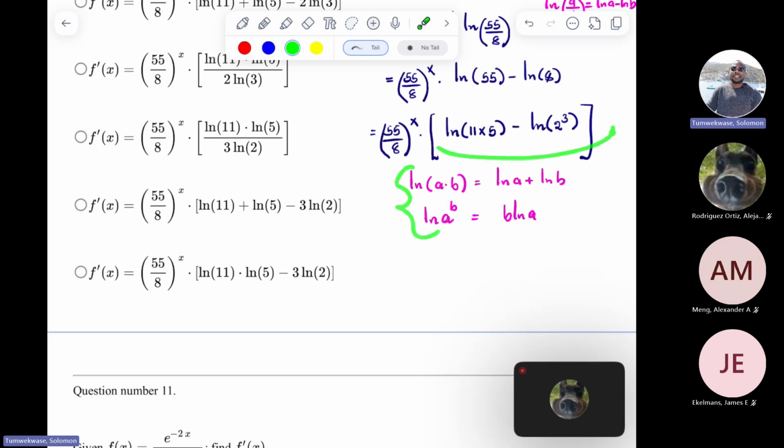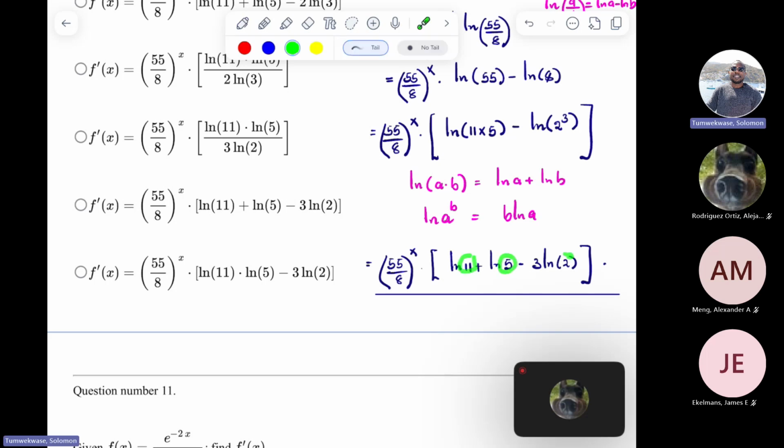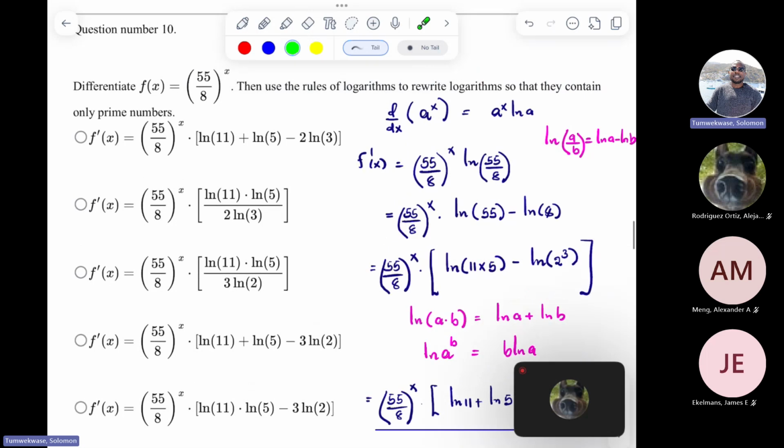So these two rules are what I'm going to apply right there, and therefore my derivative is 55 over 8 to the power x, then times natural log of 11 plus natural log of 5, then minus 3 natural log of 2. Okay, and you see that these are all prime numbers, and that's what they are saying, that we write all logarithms as prime numbers.